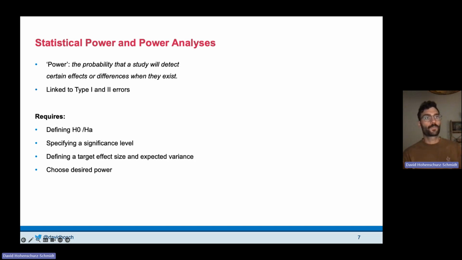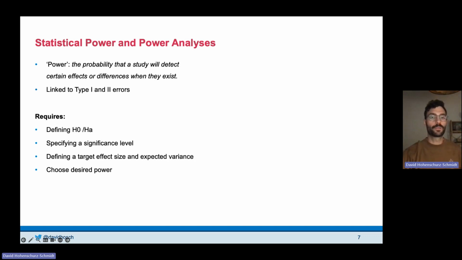So you could say, well, anything below 2 out of 10 differences in pain levels is really not clinically significant. It doesn't matter. It wouldn't change clinical practice. It's not worth looking for anything smaller than a 2-point difference between the groups in terms of treatment and symptom improvement. You'd also have to specify how much you expect that effect to vary, or how much variance there will be between the two groups.